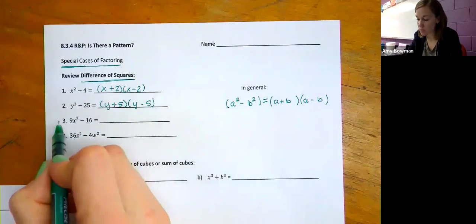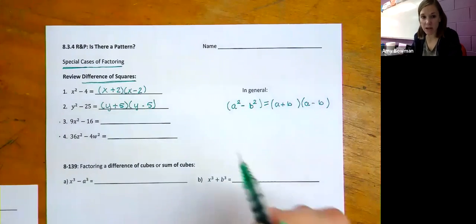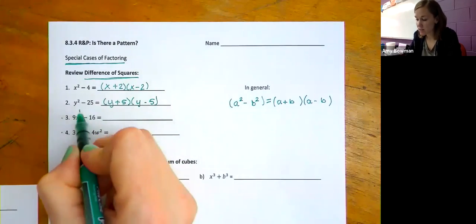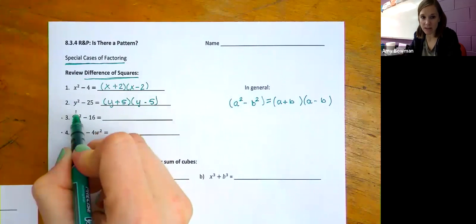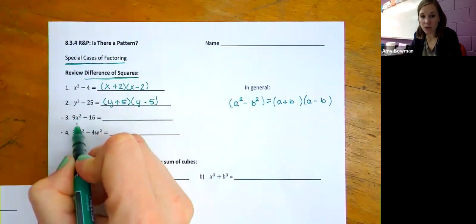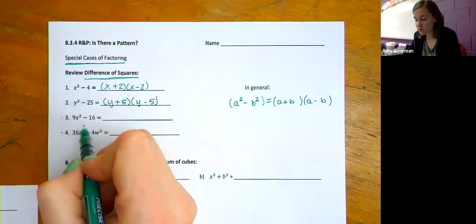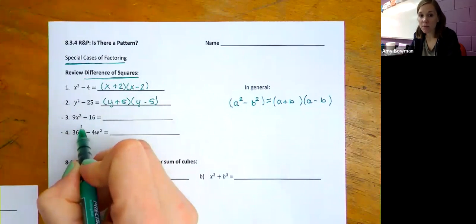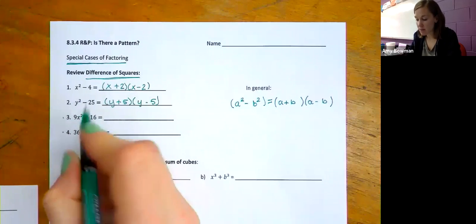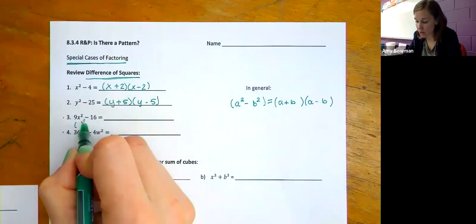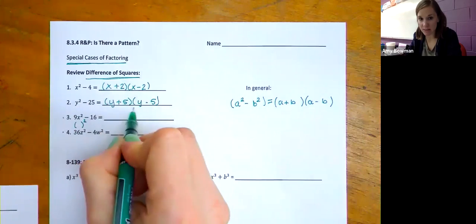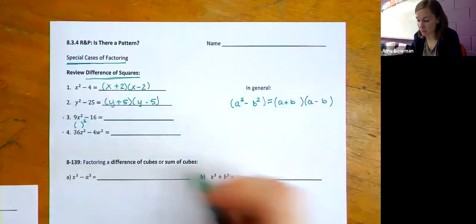So I'm going to show you a couple more examples here with 3 and 4, where they're not as simple looking as examples 1 and 2. In example 3, it doesn't look like a traditional difference of squares. Instead, I have 9x squared. So before I apply the formula, I need to stop and think, what am I squaring to get 9x squared? Because that's going to be the terms that I see as a and b in my formula.